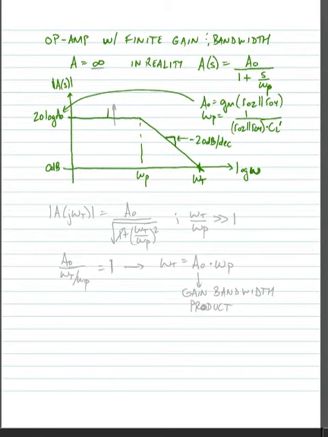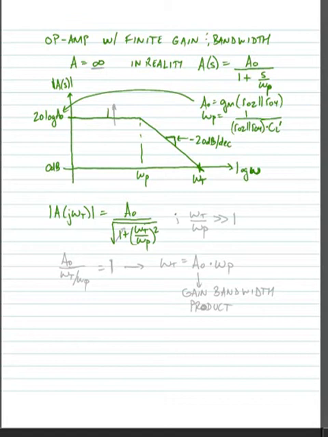Now, if we write an expression for our operational amplifier, the gain at omega t, we can say that the gain at j omega t is equal to our DC gain, A sub 0, divided by the square root of 1 plus omega t divided by omega p, squared. So we're looking at the magnitude of the gain.